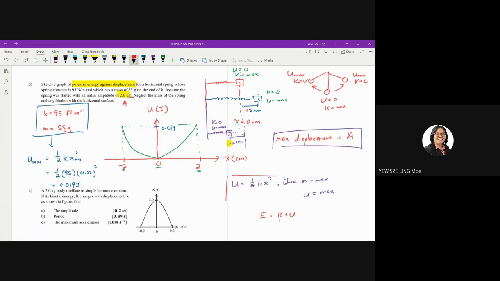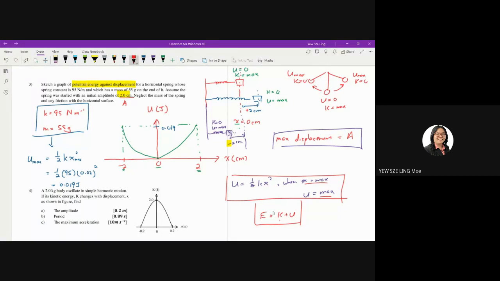Satu, kamu tengok dari segi equation. So di negative 2, maximum x, dia bagi kamu maximum U. Kalau tengok dari segi conservation of energy, at maximum position, objek tidak bergerak. Dia sudah compress sampai tahap maksimum. Dia tak boleh gerak lagi. So at maximum position, K kosong.